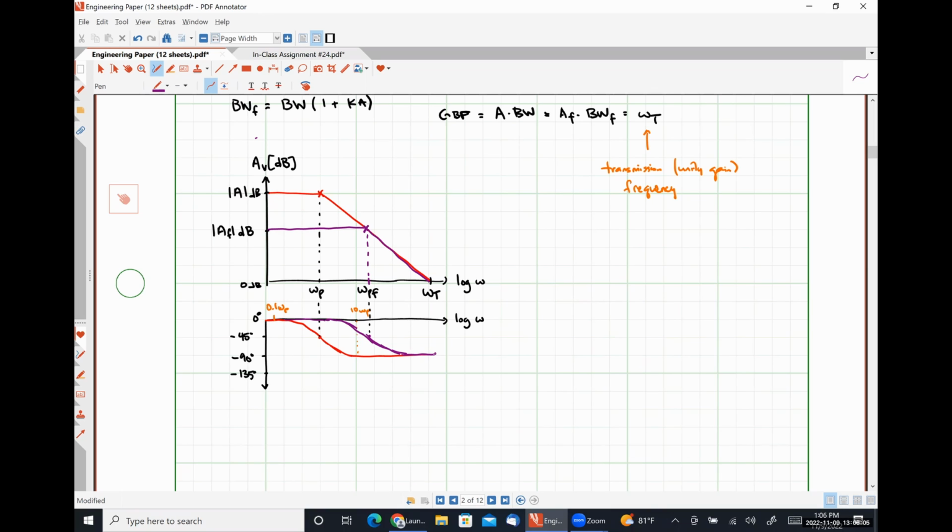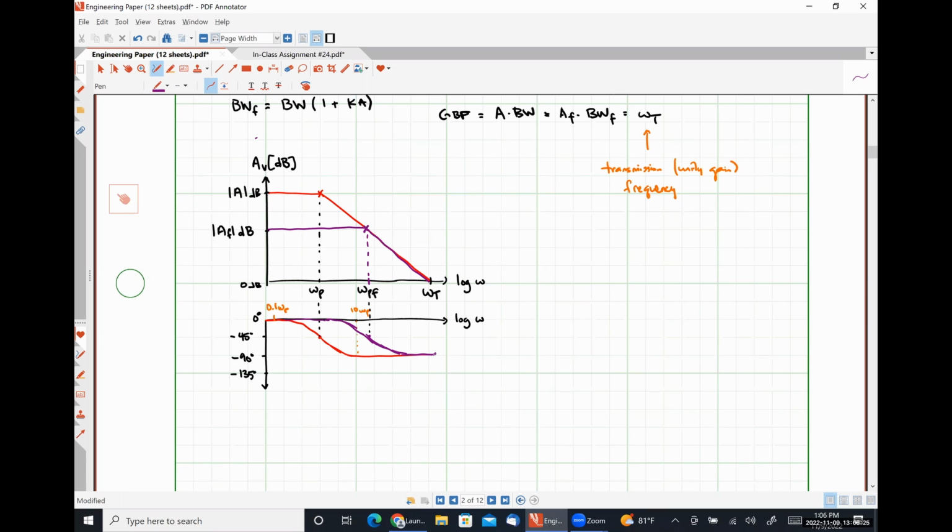So the application of negative feedback plays a role in both the magnitude response and our phase response. And this is critically important, especially when we have multi-pole amplifiers.